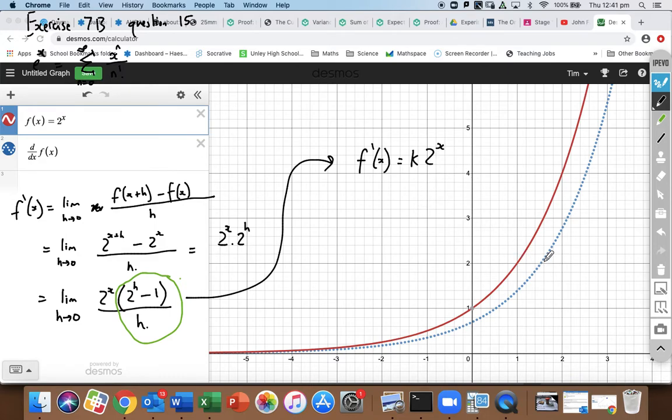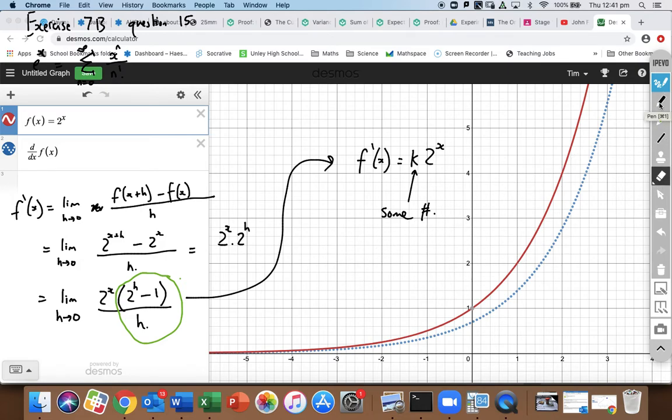And so when we look at exponential graphs, the derivative is directly proportional, right? This is just some number. And when you have an equation that's some number times x, you've got direct proportionality, okay?